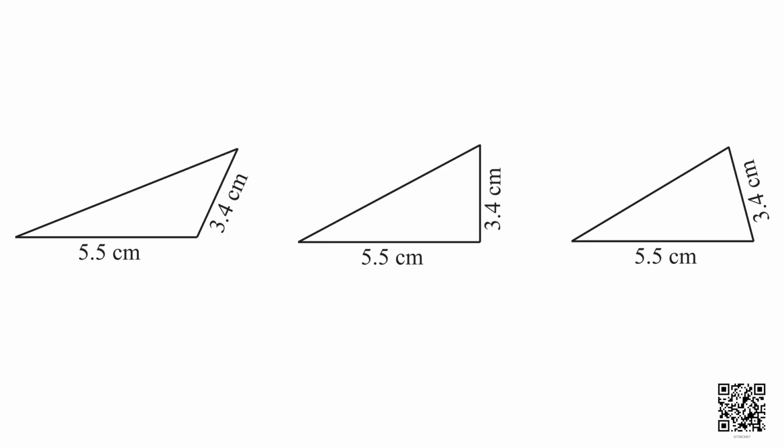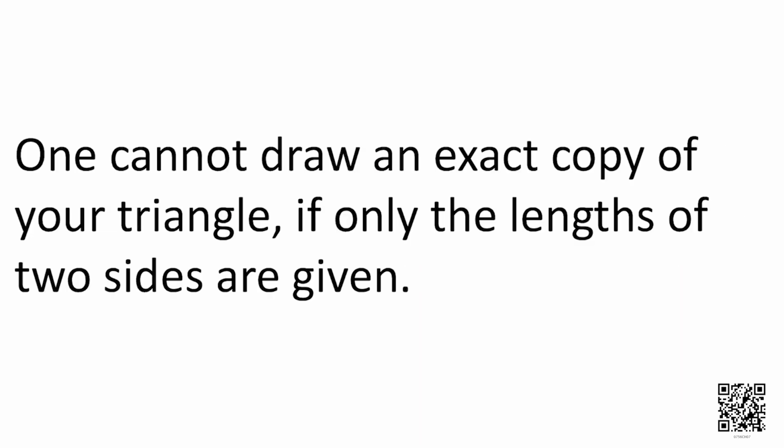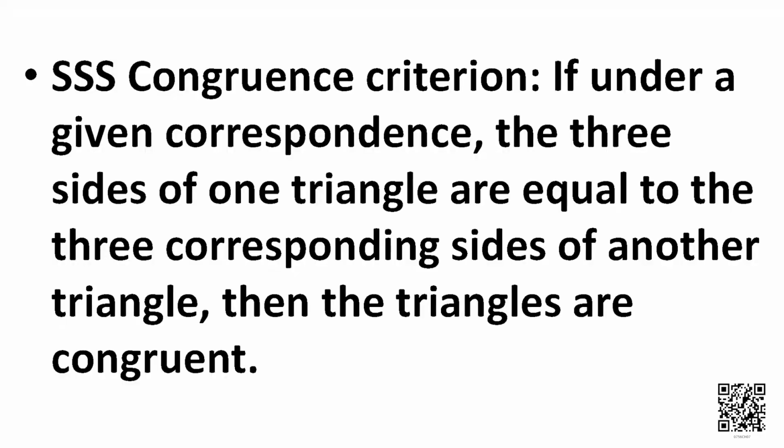Like you can see these examples. So one cannot draw an exact copy of any triangle if only the lengths of two sides are given. So students, with this we came to the conclusion of the SSS congruence criteria, which is side, side, side.